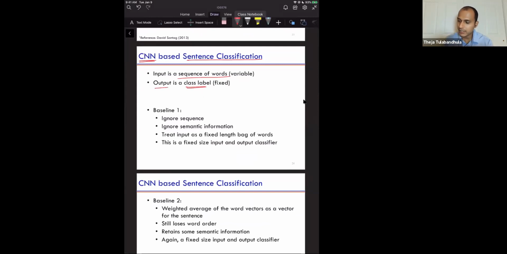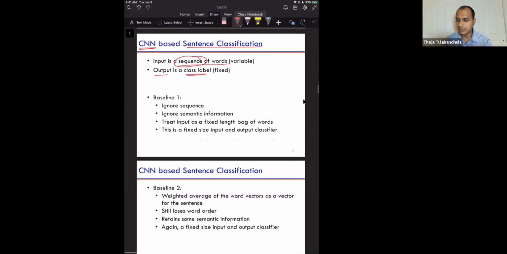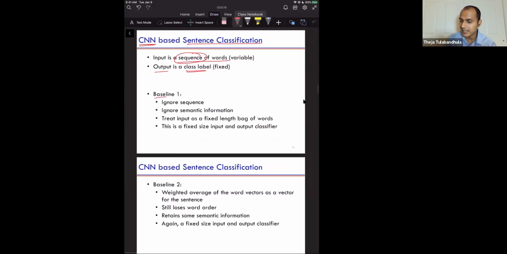But here it's going to take into account the sequence aspect of the input, which was not the case for Naive Bayes. So that's why I just wrote a baseline here. You ignore the sequence, you ignore semantic information, and you can treat the input as a fixed length bag of words.